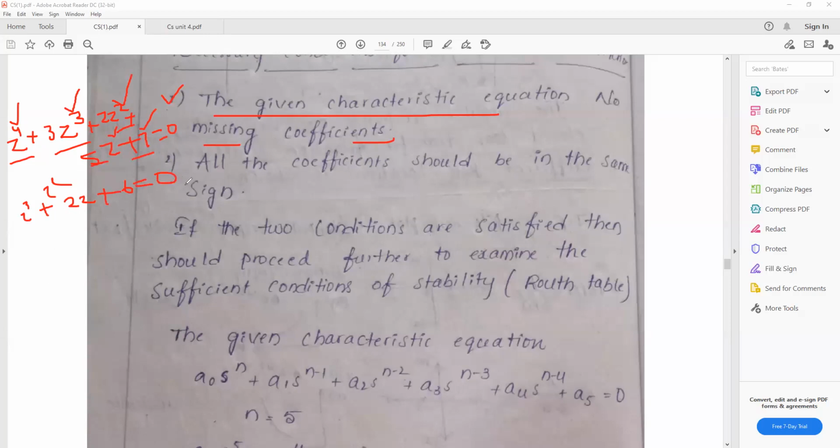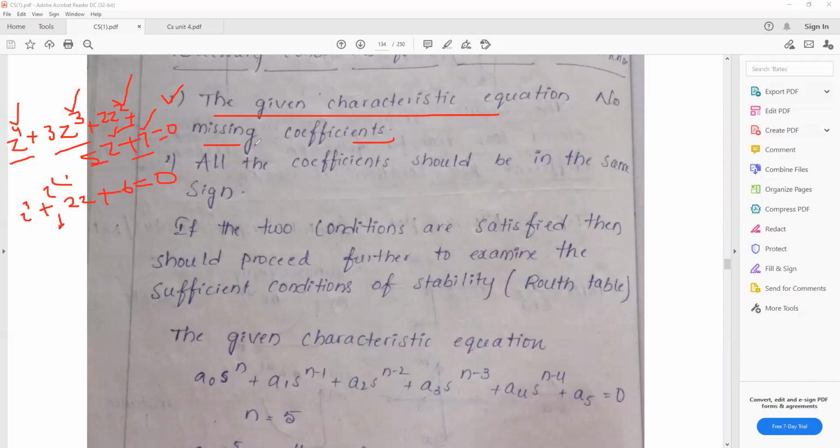We do not need to do any further procedure. So in the given characteristic equation the s square term is missing, so the given system is an unstable system. That's enough. Clear? The given characteristic equation has no missing coefficients, so in this characteristic equation no coefficients are missing.